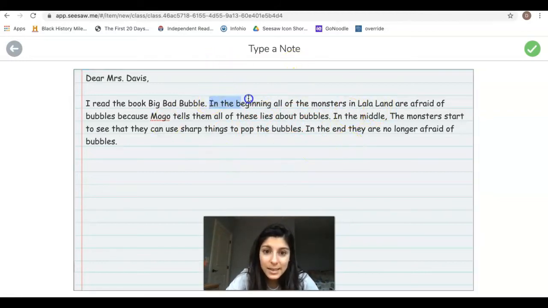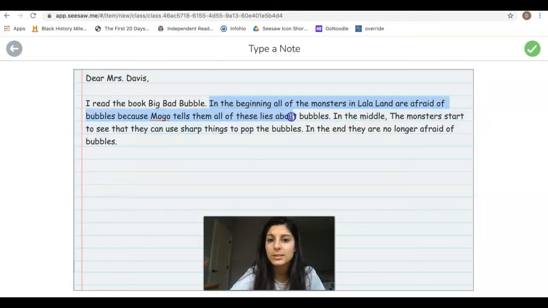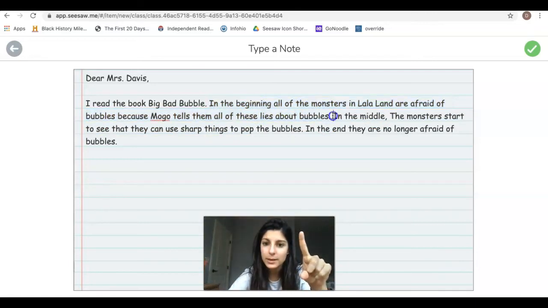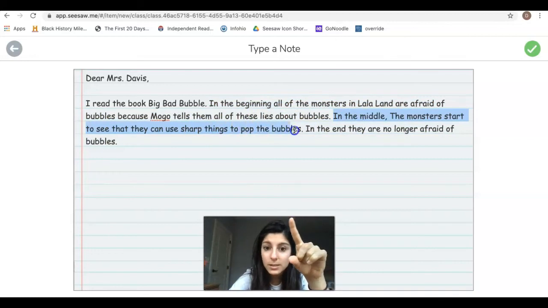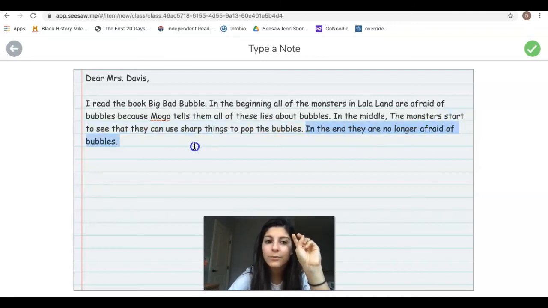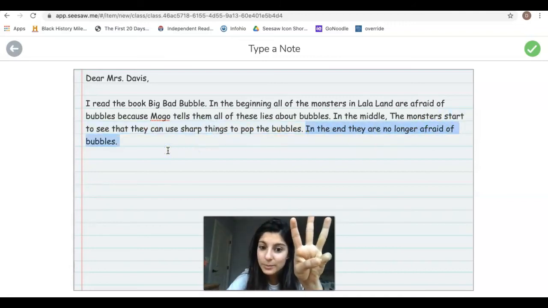I did that by saying, in the beginning, and then I said what happened. In the beginning, all the monsters in La La Land are afraid of bubbles because Mago tells them all these lies about bubbles. That was my first one. In the middle, the monsters start to see that they can use sharp things to pop the bubbles. That was my second one. And then my third one was, in the end, they are no longer afraid of bubbles. That was my third one.